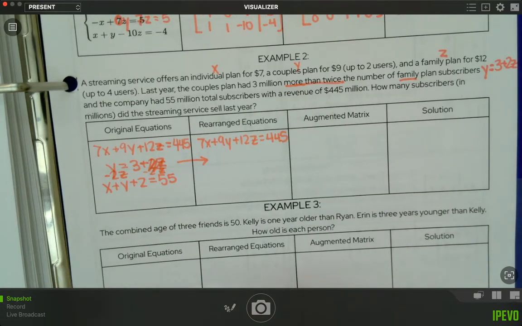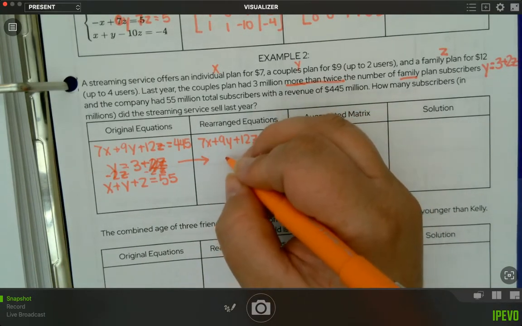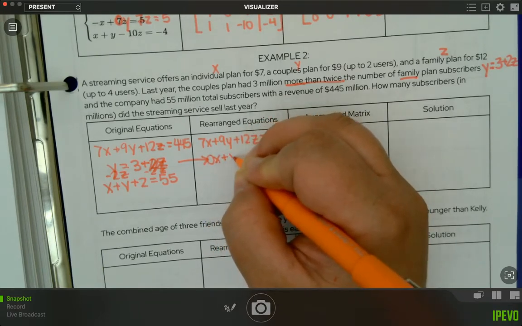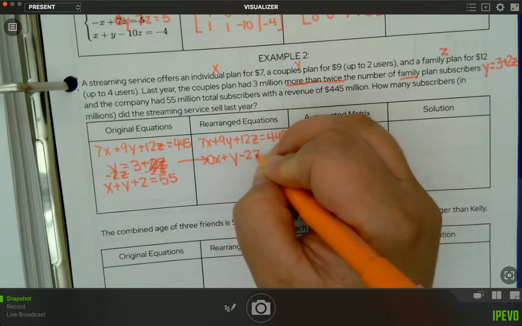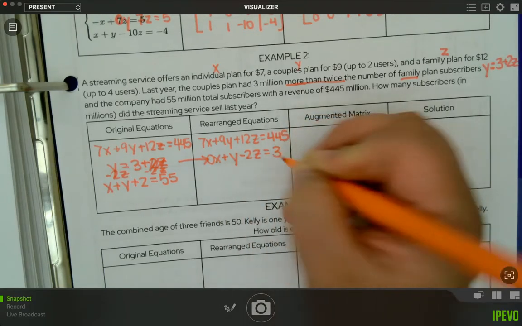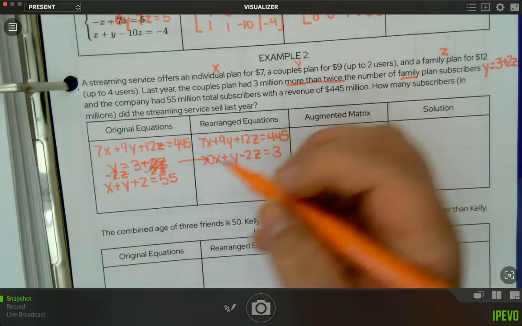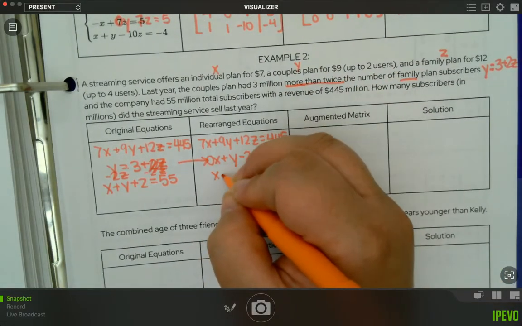The only thing I want on the right side is the number. And I'm going to go ahead and put 0X plus 1Y minus 2Z equals 3. So see how now it's X, Y, Z, number. Then this one on the bottom doesn't change.